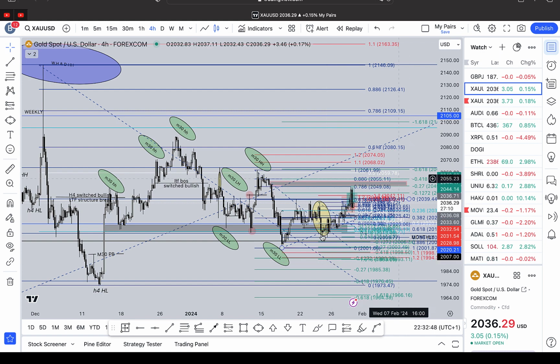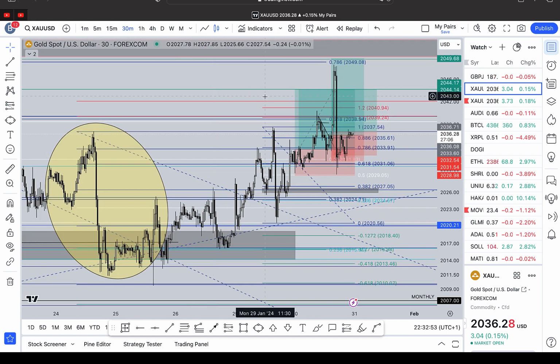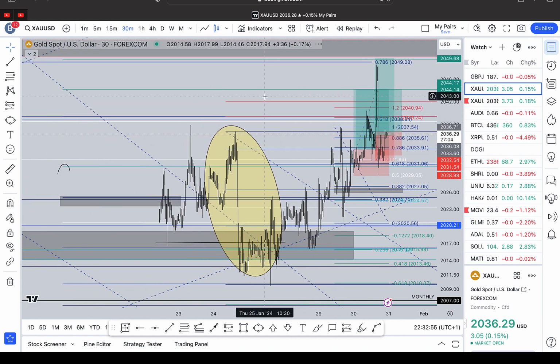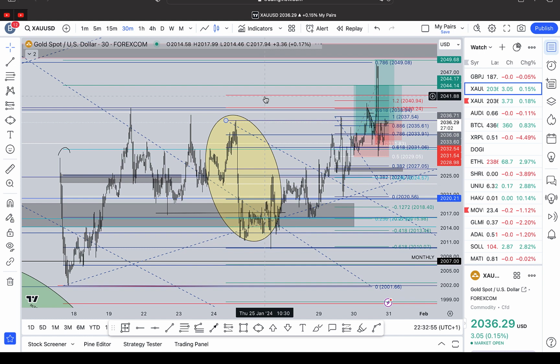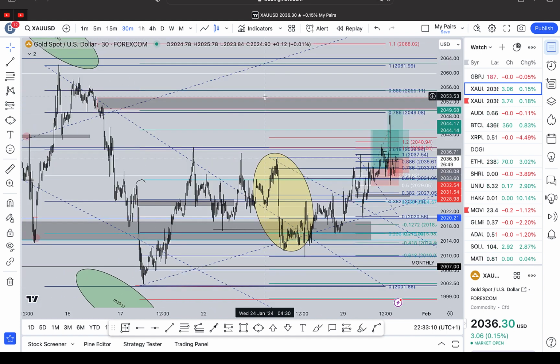Even though the market did have a bearish engulfing here, remember the M5 lower time frame is bullish. So the lower time frame is lining up with H4, but the M30 is bearish.